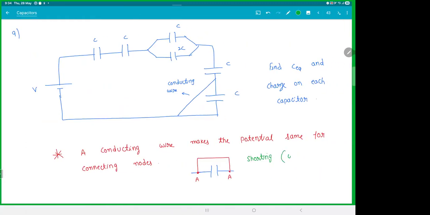So shorting means a wire across an element. Then we will say, since the potential difference is becoming zero, there is no potential difference across the capacitor. Q is equal to zero. Therefore, the capacitor can be removed. It is useless.